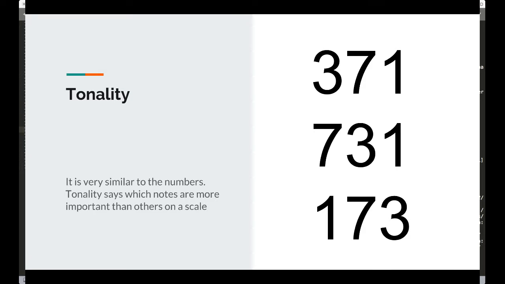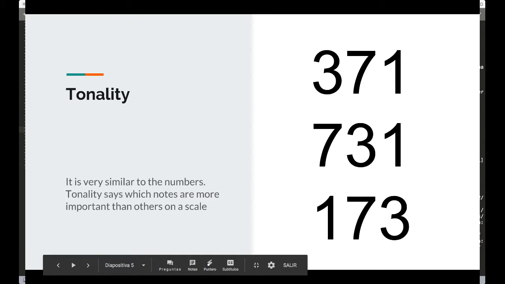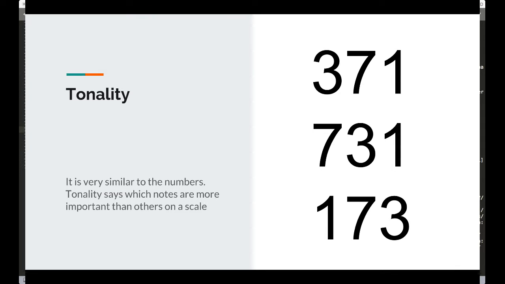The 1 at the end is not the same as the 1 at the beginning, or the 7 is not the same if I put it in the second position or in the first position. So tonality is saying that 7 is more important than 3, and 3 more important than 1, or in this case, that 3 is more important than 7. That is what tonality is all about.